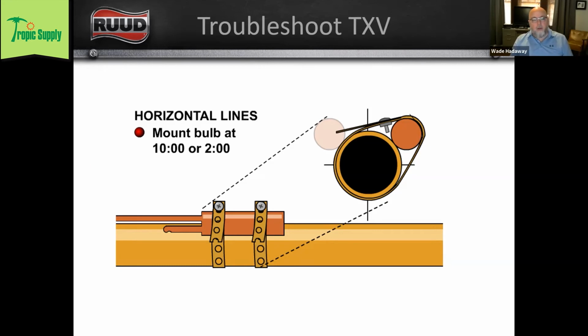So the sensing bulb on your valve needs to be mounted at 10 o'clock or 2 o'clock on your suction line. And it's real important that the sensing bulb is mounted on a nice, smooth, clean, flat section of that copper line.